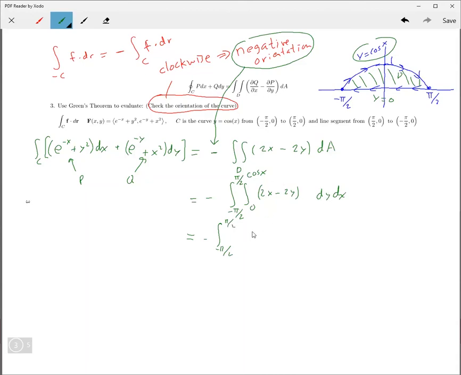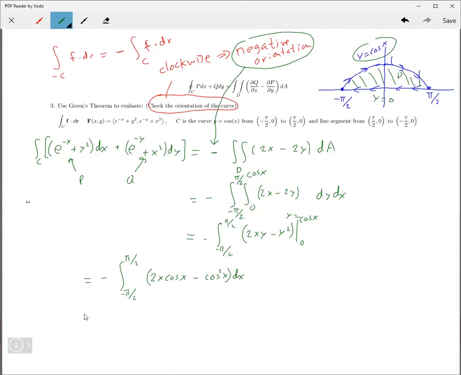Okay, so integrating this in y, we get 2xy minus y squared, going from 0 to cosine x. So with y equals cosine x, this is 2x cosine x minus cosine squared x dx.